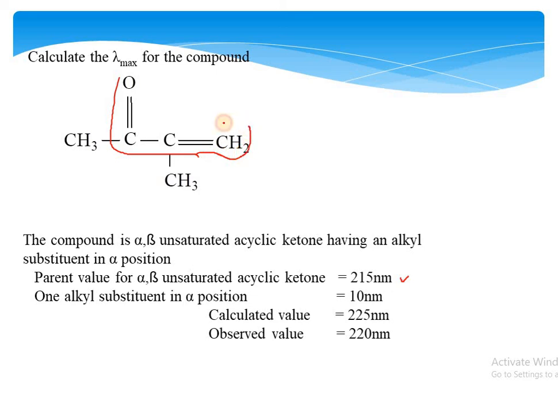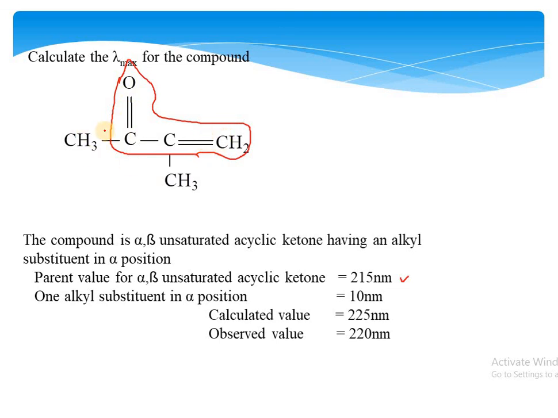We have to identify the system in each case so that we can write the values of substituents present or ring residues present in a compound. So this is our system.